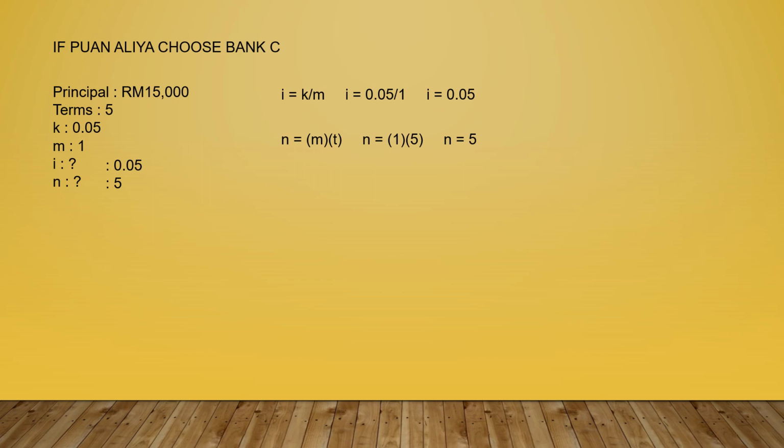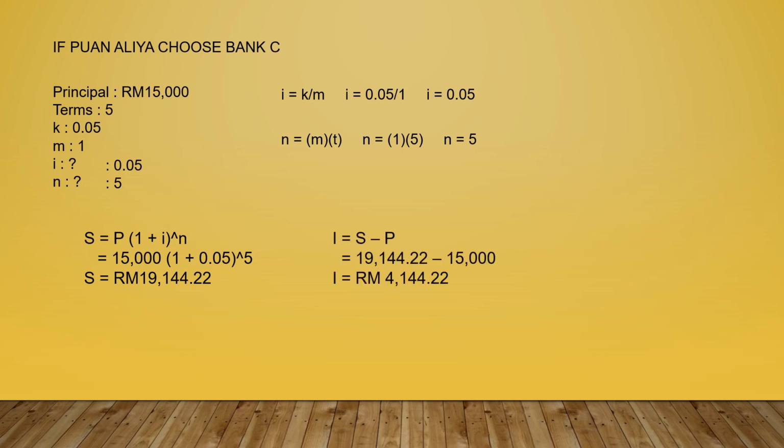Next, for N, we use the formula N equals M times T, and we got 5. To find S, we use the formula S equals P times (1 plus I) to the power N. The amount of S is RM 19,144.22.